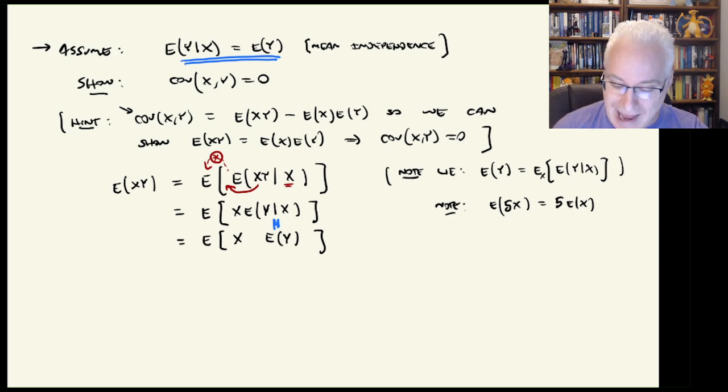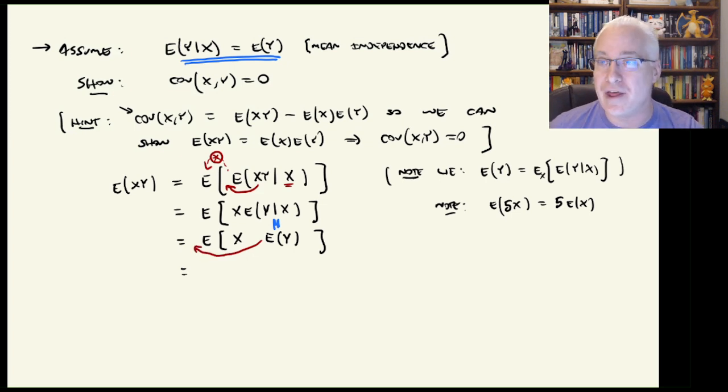And now the very last thing is, once we get to an unconditional expected value, the unconditional mean of something is just a number. When I take the expected value of any random variable, whatever it is, that expected value is a fixed real number, and that can once again be pulled out of the expected value exactly like the number 5.